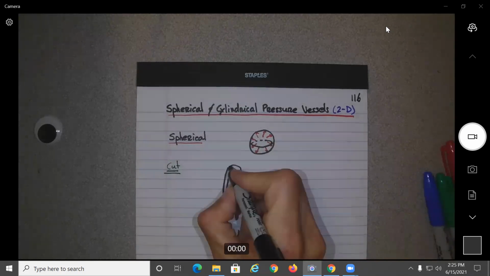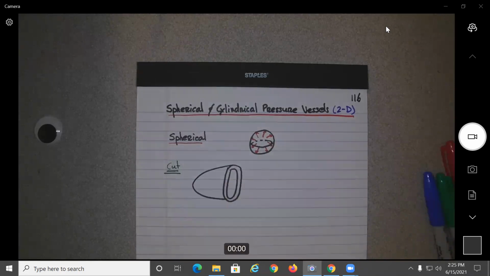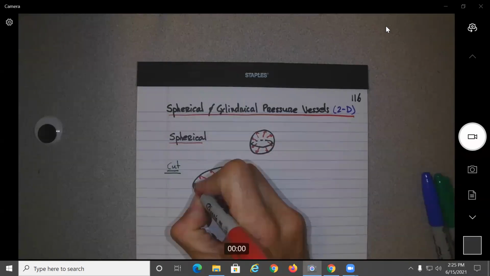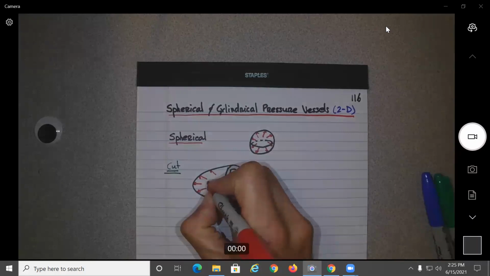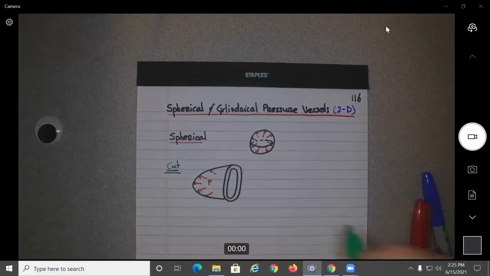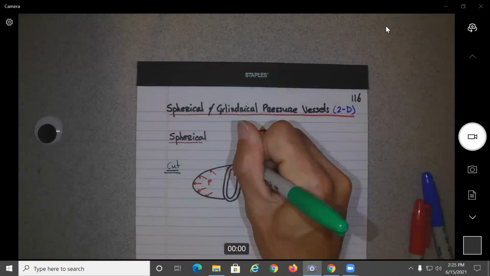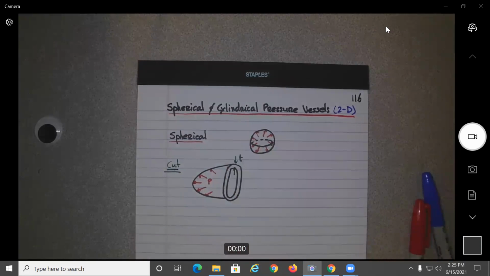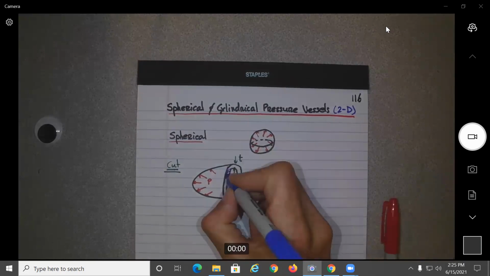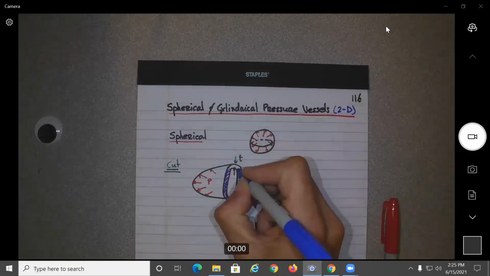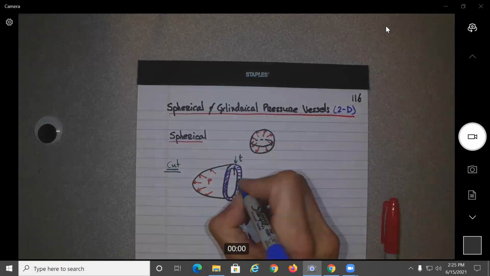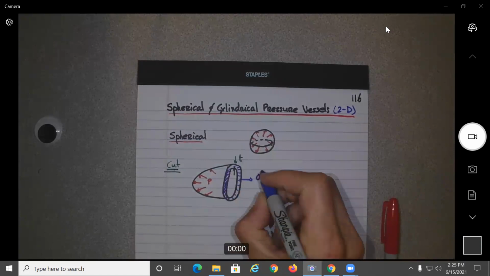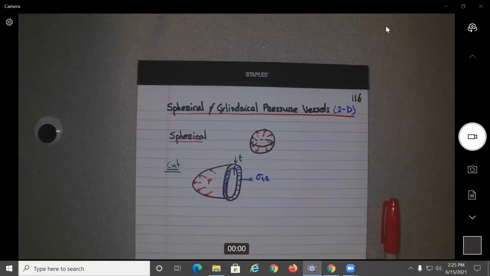Let's say we cut it in 2. Say we get something like that. We get pressure all over this area. Your pressure vessel will have a certain thickness, and here the thickness of the wall carries the stress.